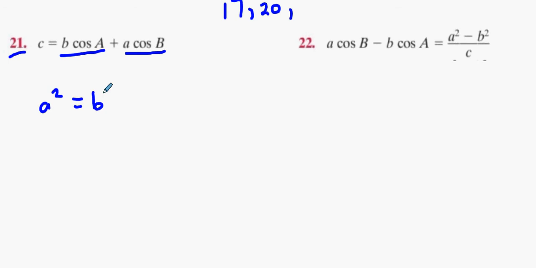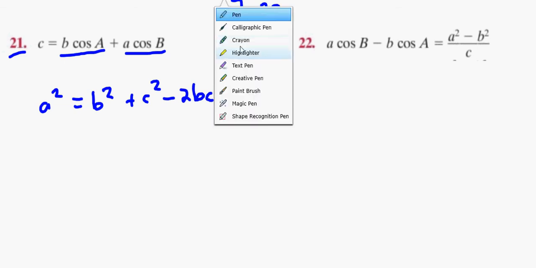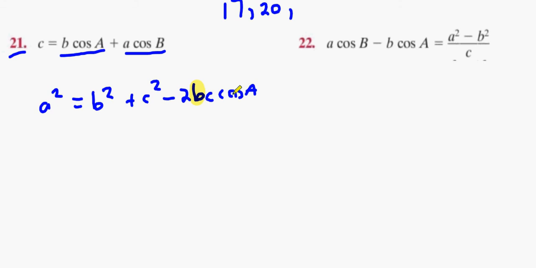The reason I wrote that is so that I get the bc cos a, or essentially what I want there is I want to keep the b and I want to keep the cos a, like so. And then on the other side, I want a b, so it's going to be b squared equals a squared plus c squared minus 2ac cos b.